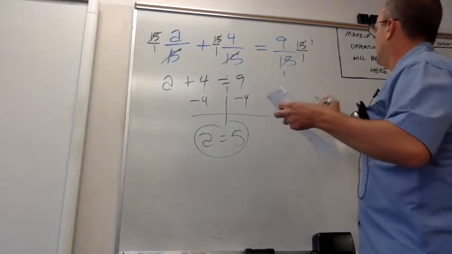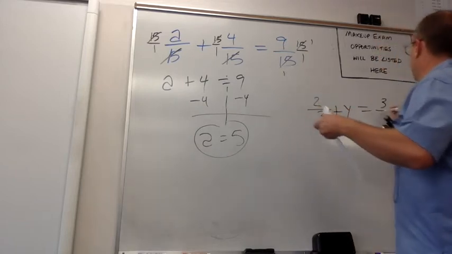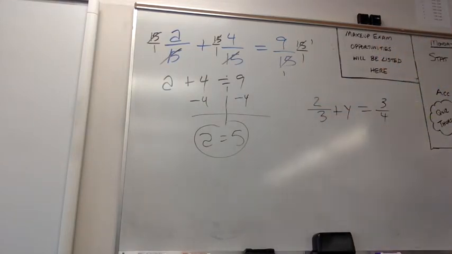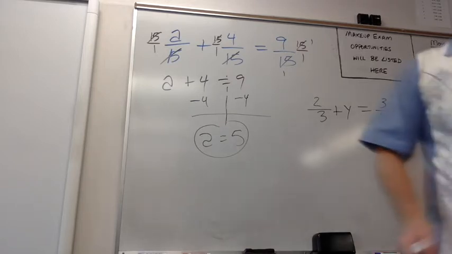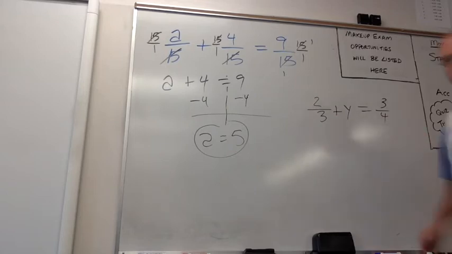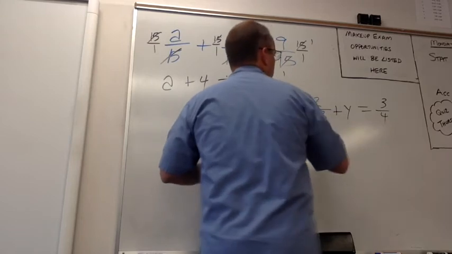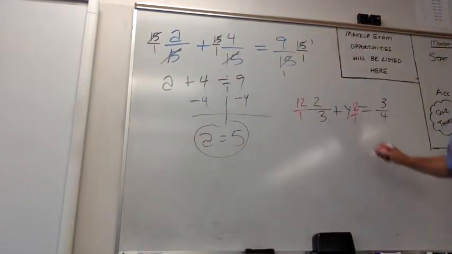All right, this one I have 2 over 3 plus y equals 3 over 4. Okay, so 2 of the 3 terms have a fraction. So what's the smallest number that both 3 and 4 go into? 12. Good. So I'm going to multiply this by 12 over 1, this by 12 over 1, and this by 12 over 1. Is 12 over 1 the same thing as 12?